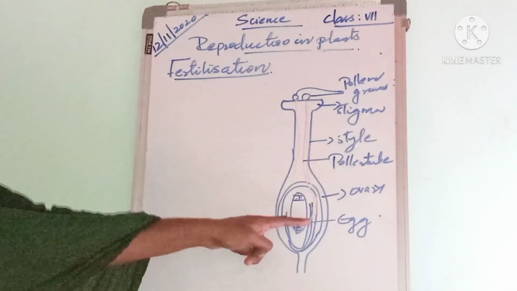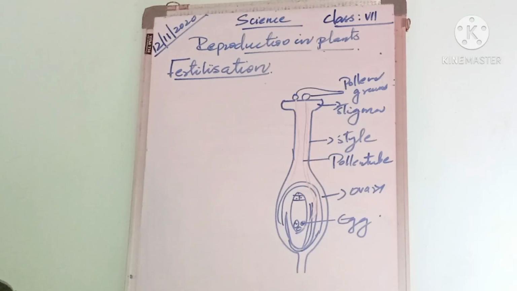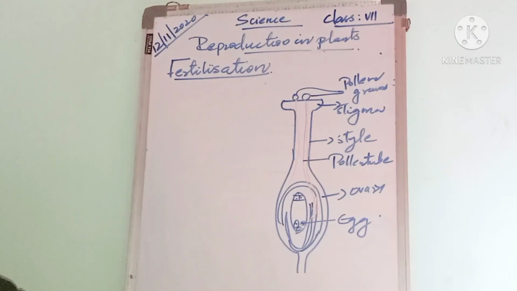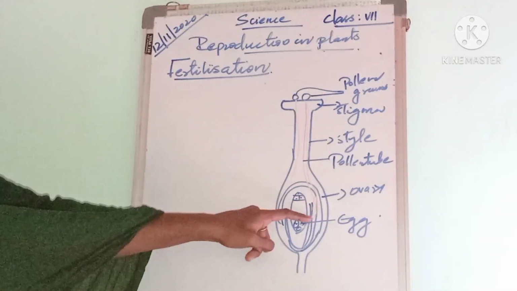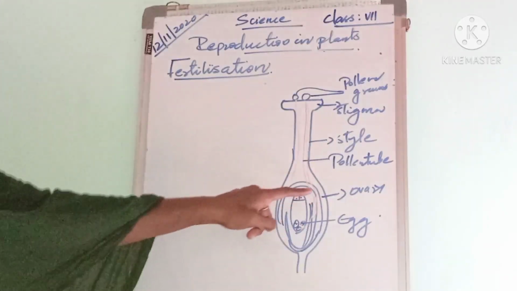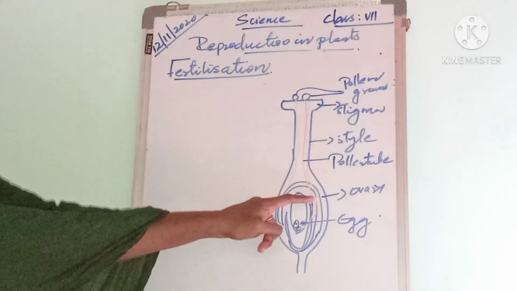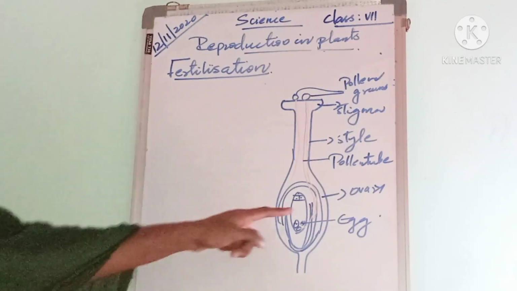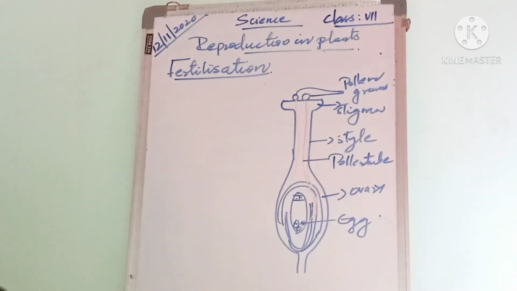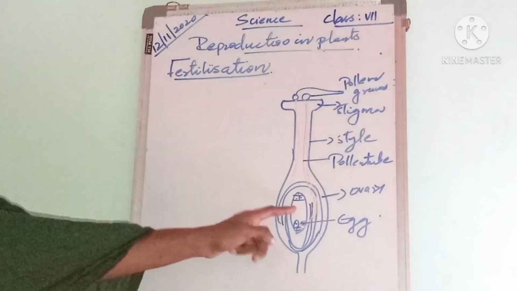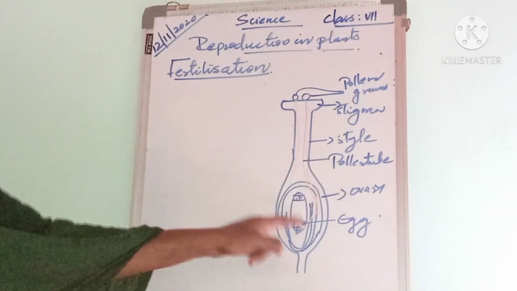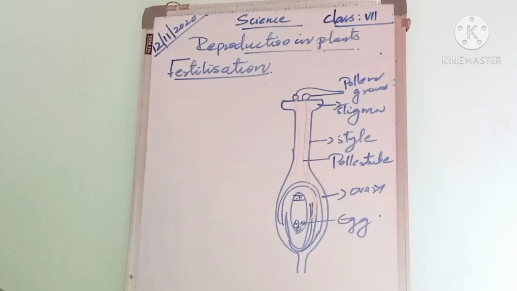When the tip of the pollen tube reaches the ovary, it opens and the male gametes enter the ovule. The male gamete fuses with the egg, which is the female gamete.